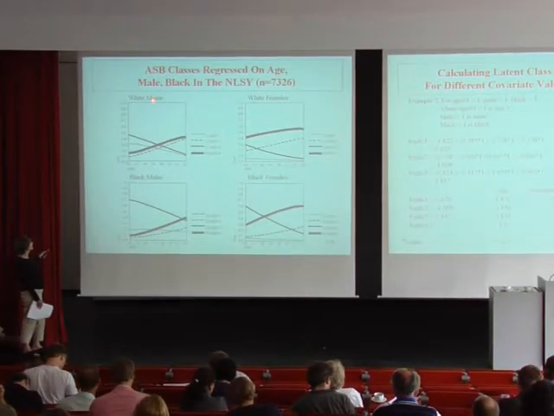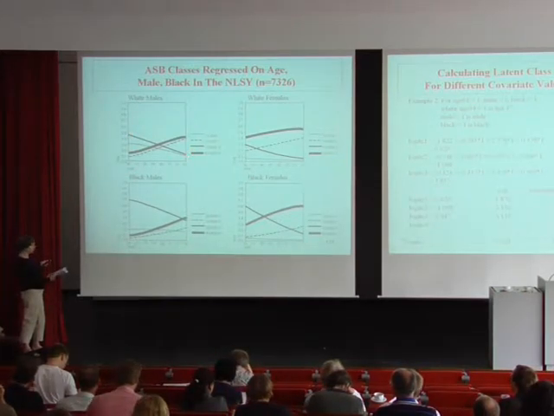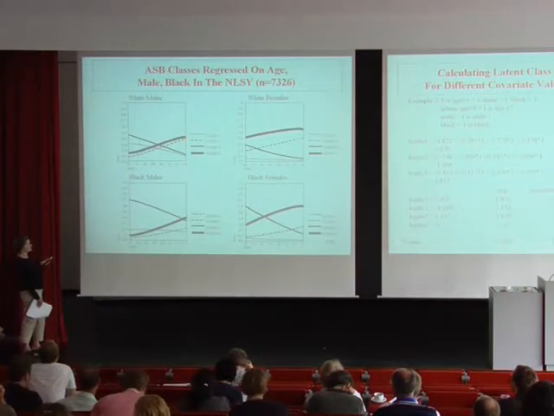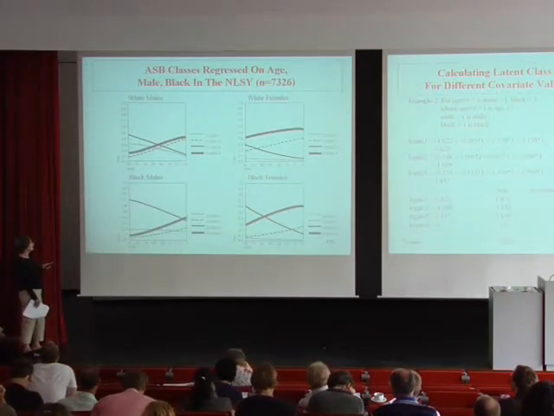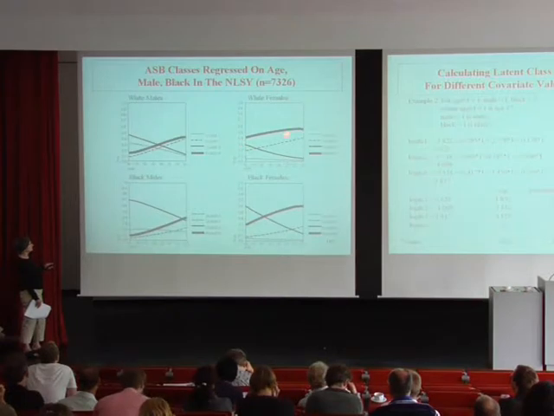So for white males, you can see that when they were 16, they were most likely to be in class 3, which is the person offensive class. And by the time they reach age 23, they're most likely to be in the normative class. For white females, they're most likely to be in the normative class throughout, and so on.